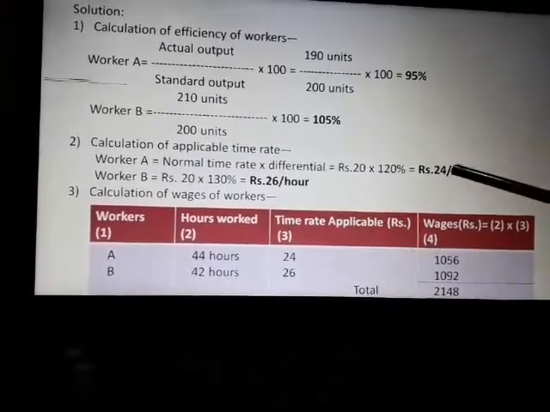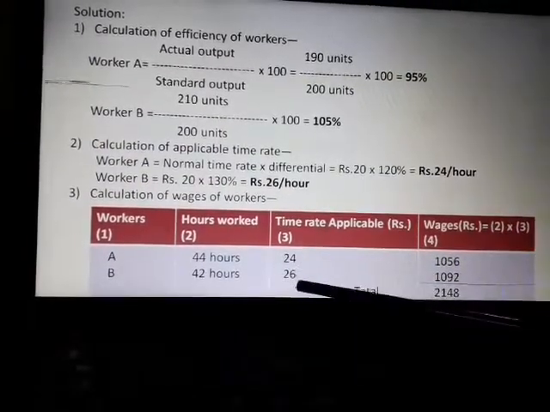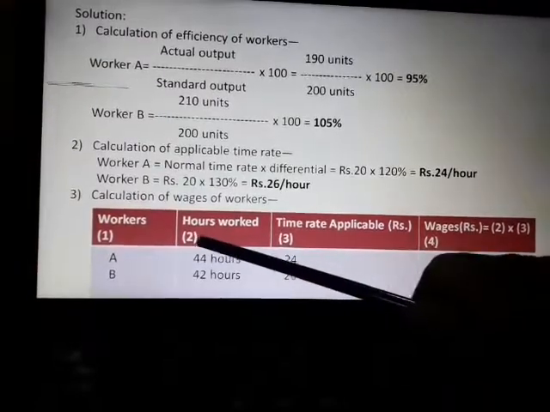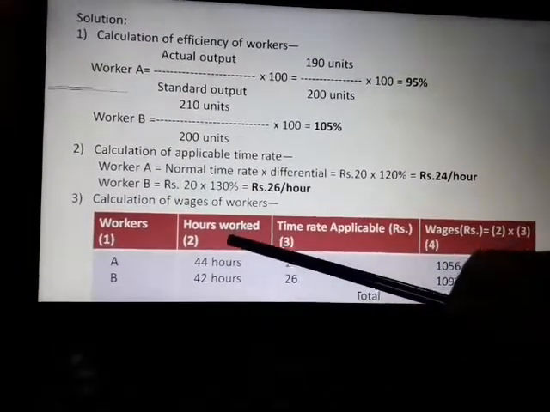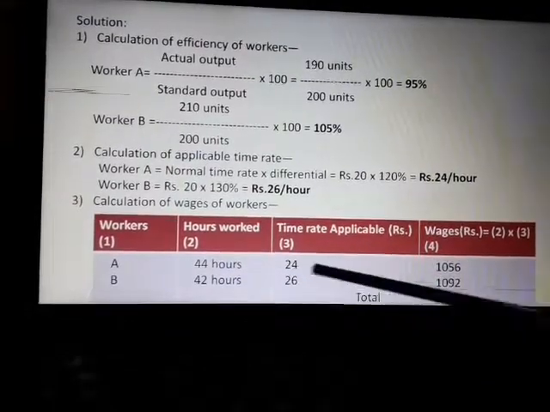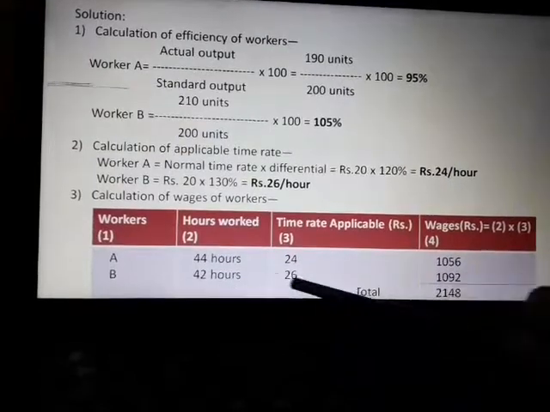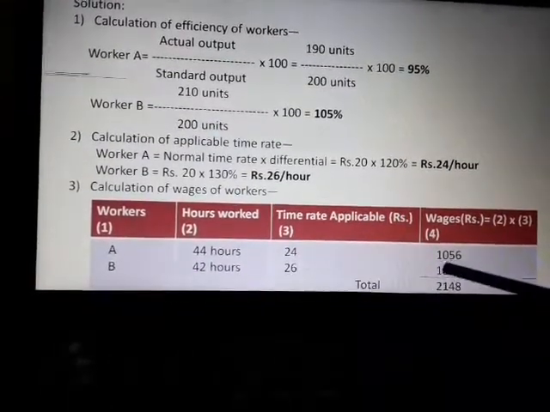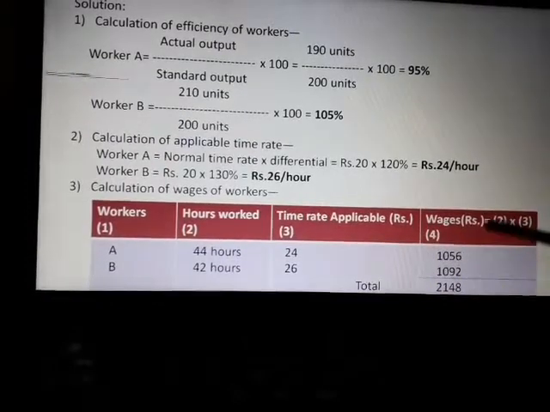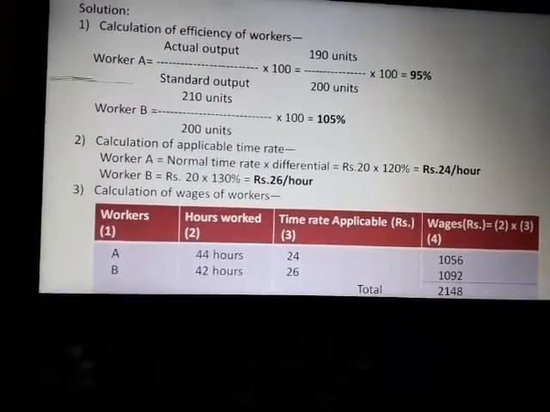Time rate applicable: rupees 24 in case of A, rupees 26 in case of B. Wages are calculated by multiplying column 2 and 3, that is hours worked into time rate applicable. That is 44 hours into rupees 24, rupees 1056; 42 hours into rupees 26, that is 1092. So total wages payable to both the workers is 2148.